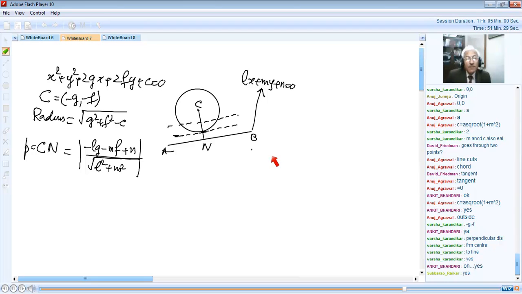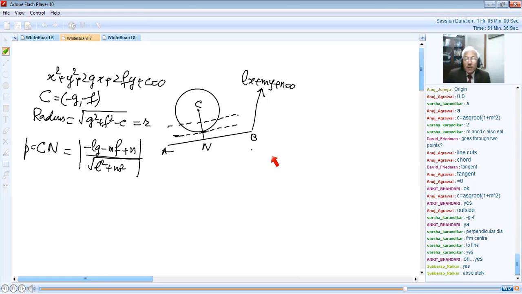This is P and this is the radius. Now I am taking AB to be this line here, A1B1 this one, and A2B2 this one. In case of AB, what is the relationship between P and R?